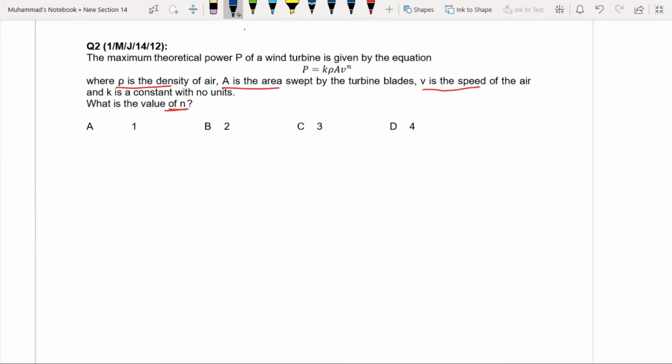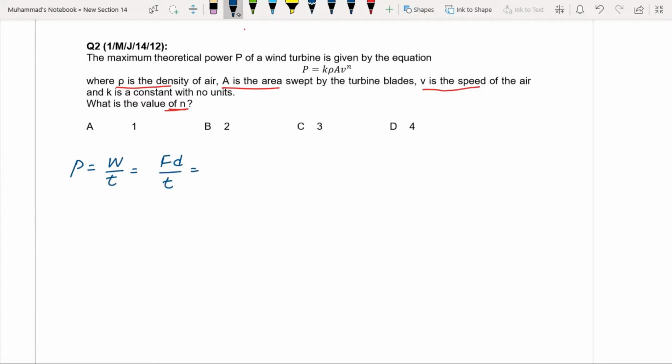You will put SI base units on both sides, and you know that power is defined as work done per unit time. So work done is F into D divided by time. So first of all, we should get the SI base unit of power.